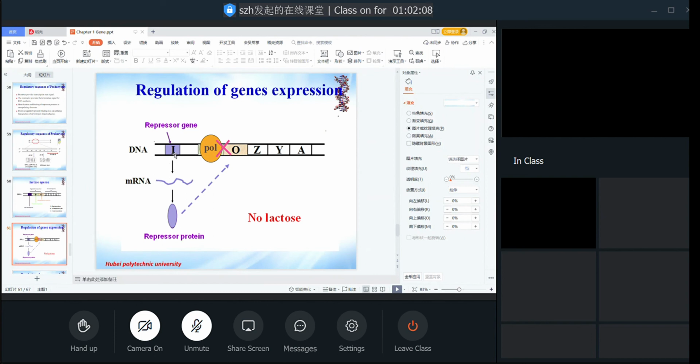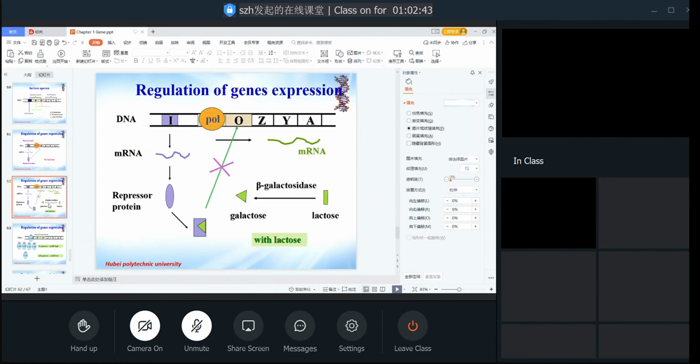Like this, you can see here the repressor protein coding gene produces the mRNA and the repressor protein. With low lactose, the repressor protein is bonded with the operator sequence, and RNA polymerase never transcribes the downstream structural genes. When lactose is present, it can induce the repressor protein to change its structure.